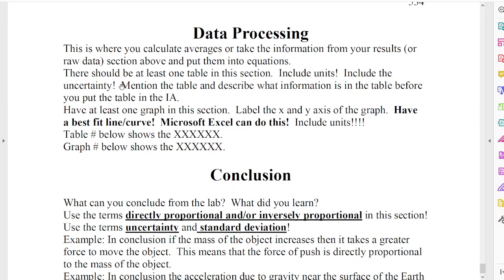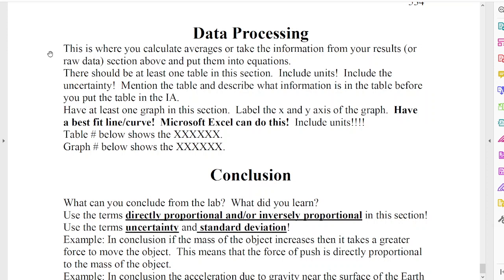So you could do data processing. This is where you calculate averages or take the information from your results or raw data section and put them into equations. Okay? There should be at least one table in this section, include units, include the uncertainty, mention the table and describe what or which information is in the table before you have the table in the IA. Have at least one graph in this section.